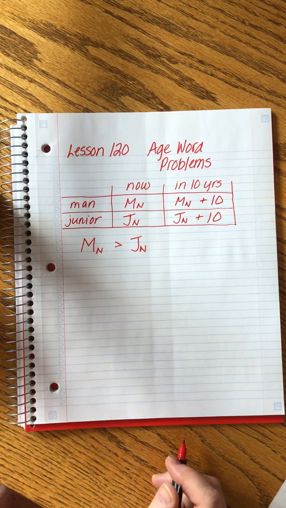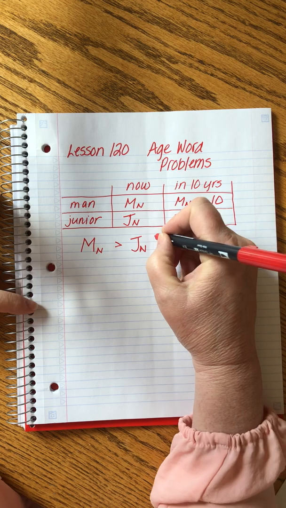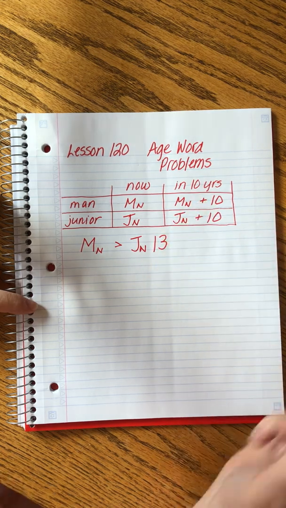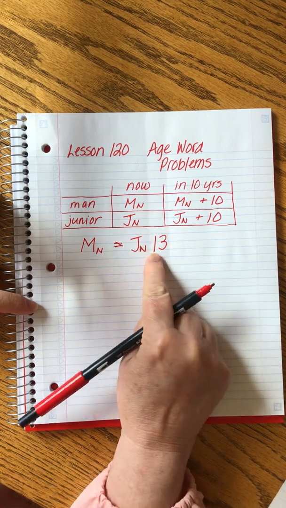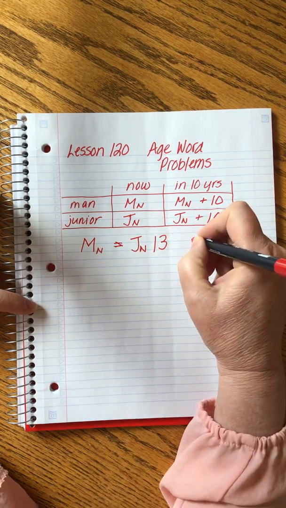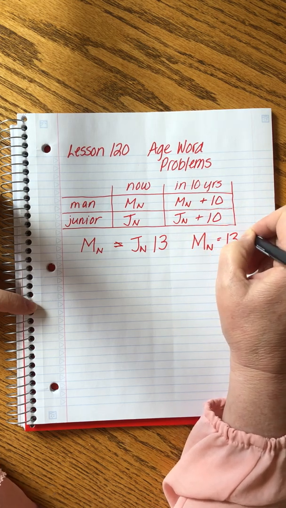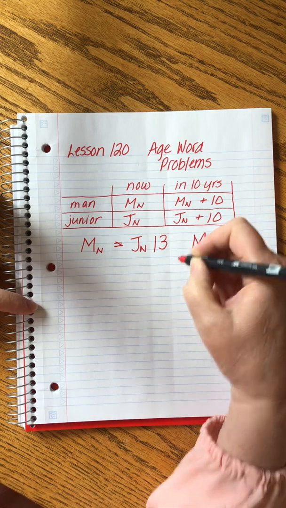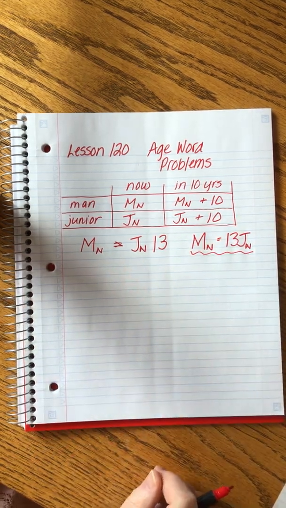So in order to make this balance, to write an equation, I need to give this smaller number the power of being multiplied by 13. Now they're equal. I don't love the way that looks, so I'm just going to make a little note to myself over here. M_n equals 13 J_n. I like that better. That looks nicer to me. It's the same as this, but I just want to do that.